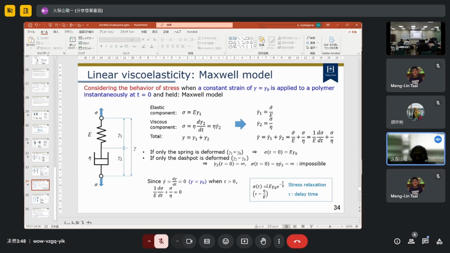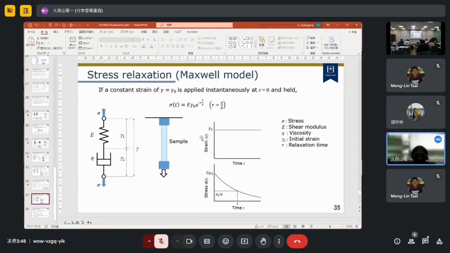So this one can represent the stress relaxation process. Maybe you can also imagine the stress relaxation process when you apply the constant strain at time 0. At first, the spring part elongates, but the strain is constant, so the dashpot can move.